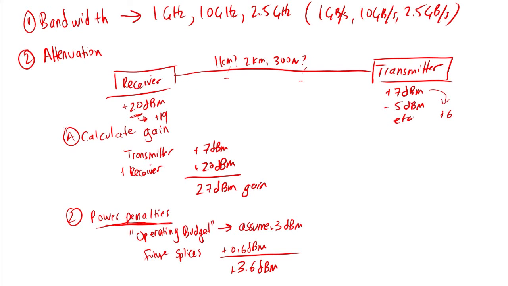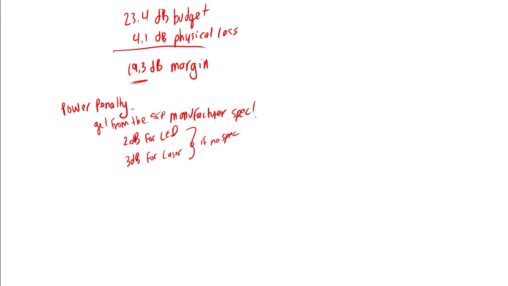We should assume 2 splices here, but we may get 3 splices or 5 splices. So think about the likelihood of your cable being damaged and how many splices are going to be required. And then the other thing we need to think about is temperature, because temperature affects it by up to 2 dB per kilometer.